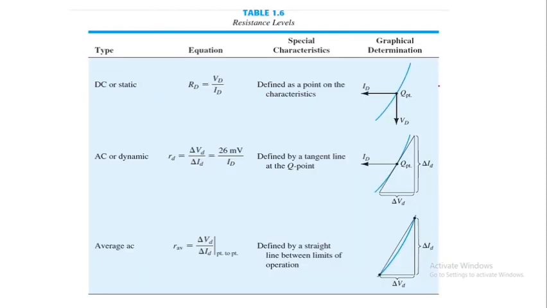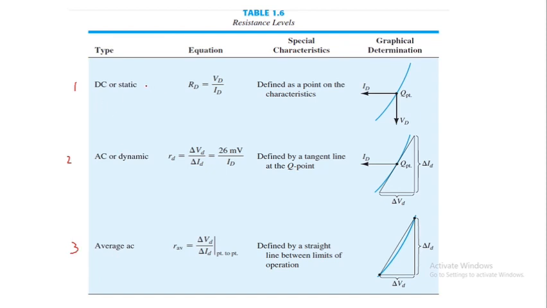In this table, we have summarized the equations, characteristics and graphical determination of all these resistance levels. These are DC or static resistance, AC or dynamic resistance, and the third one is average AC resistance.